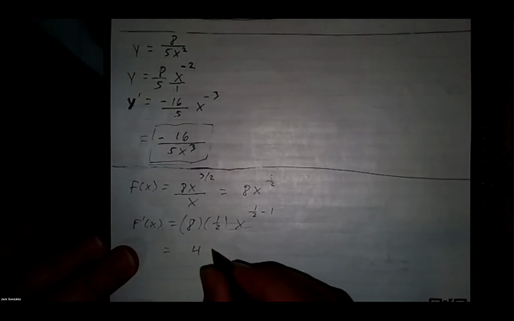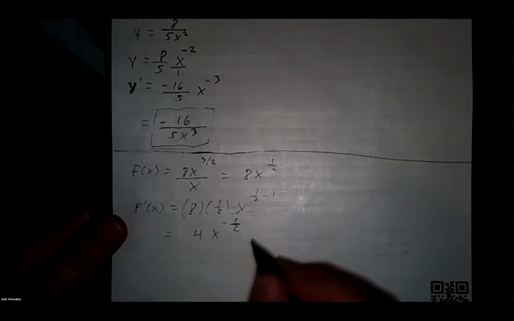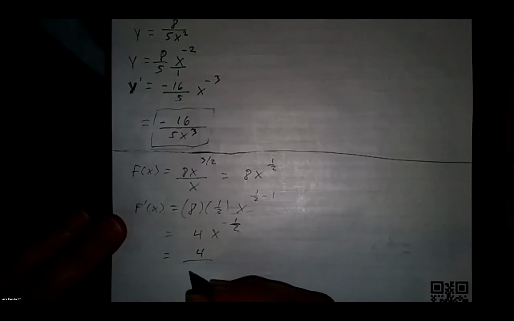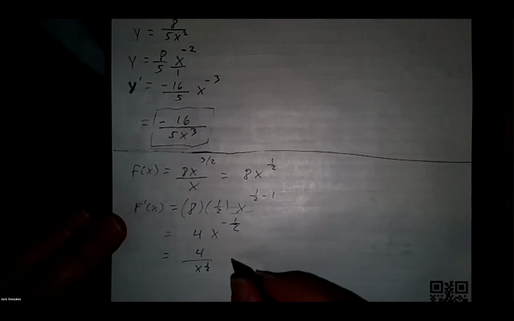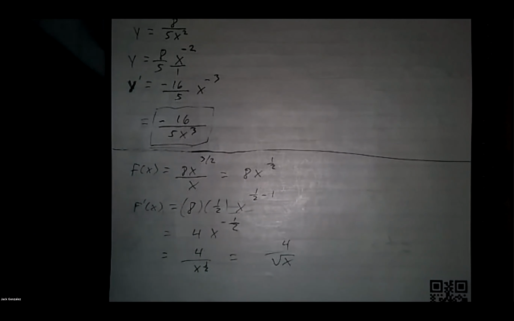So that would be 4x to the negative 1/2, which is actually 4 over x to the 1/2, which is really just 4 over square root of x. Okay, sorry, I'm just writing this down at the same time.